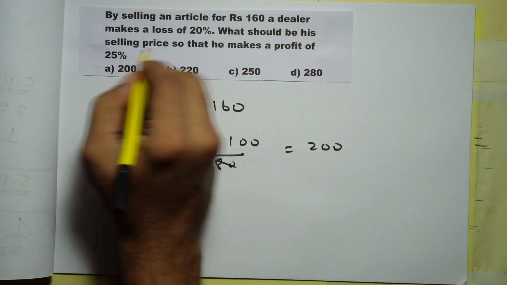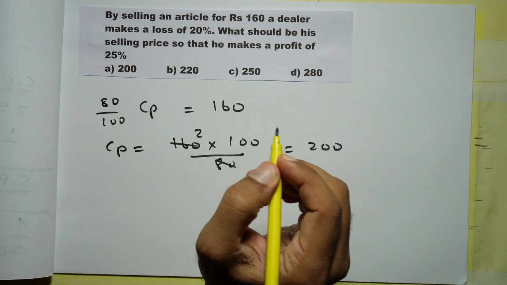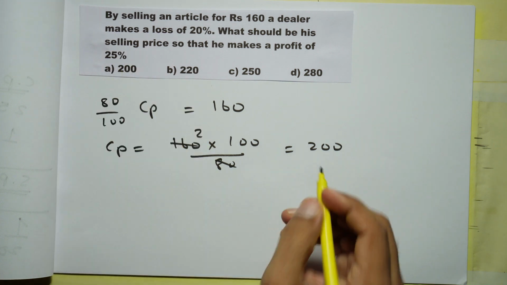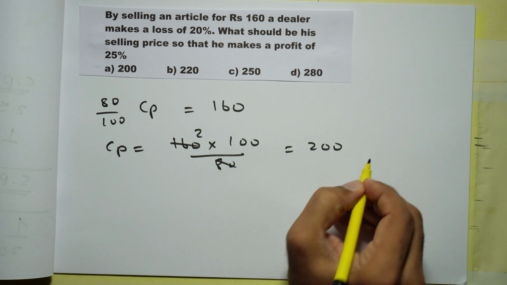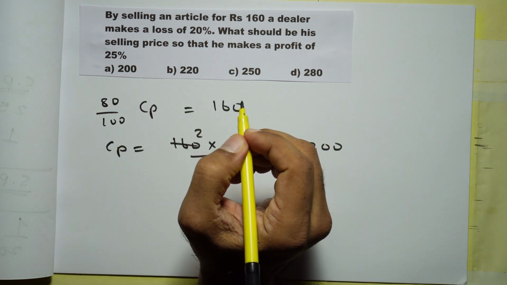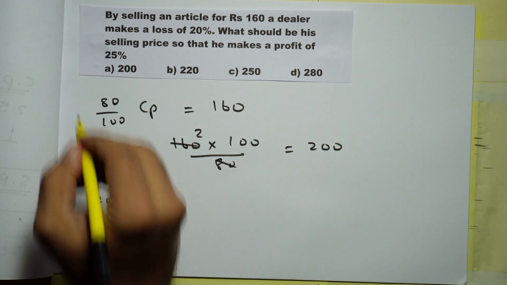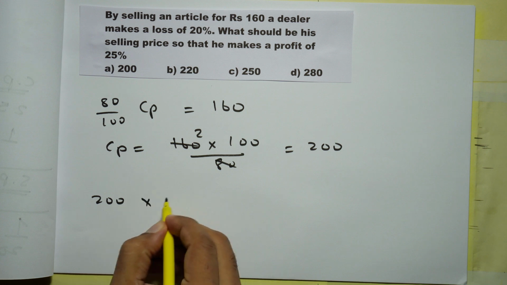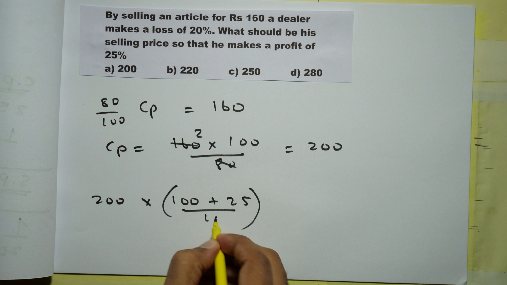Now what should be his selling price so as to make a profit of 25%? Now to get a 25% profit, you have to increase the cost price by 25% and sell it. Then you will get 25% profit. So the cost price is 200. This value should be increased by 25%. Now to increase a value by 25%, you have to multiply by 100 plus 25 by 100.